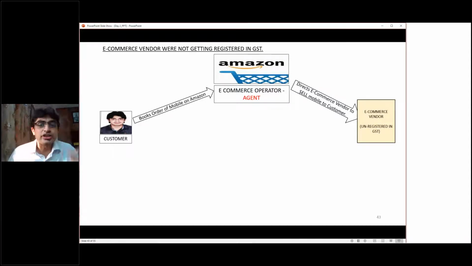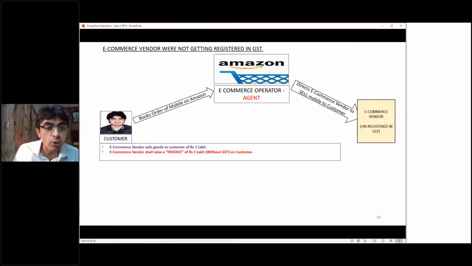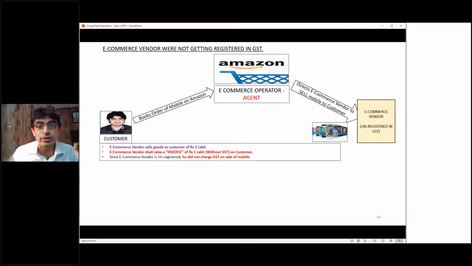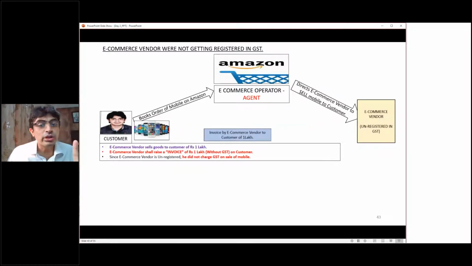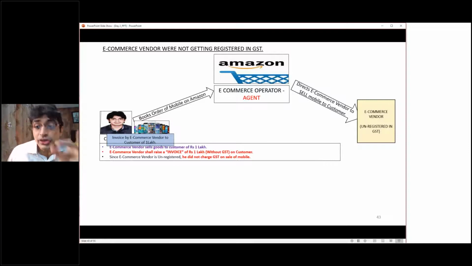They did not want GST. Suppose I wanted to book an order on Amazon. I booked on mobile, and Amazon passes the order to the vendor. Even though registration was compulsory, they were not getting registered in GST. Now they sell that mobile for only 1 lakh, without GST. They raised an invoice of only 1 lakh, no GST.